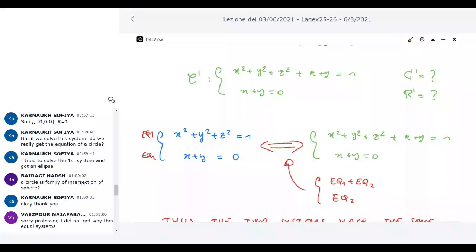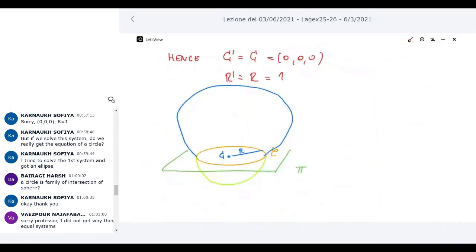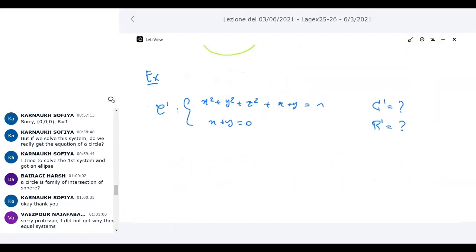But what I want to say is that you can make your life much, much simpler if you think of what we are doing here in defining objects as solution sets of systems of equations, okay? So let's say we make it a different exercise in which you want to compute the center and the radius. So what is the approach? The approach is to complete the squares so that we can find the center and the radius of the sphere easily.